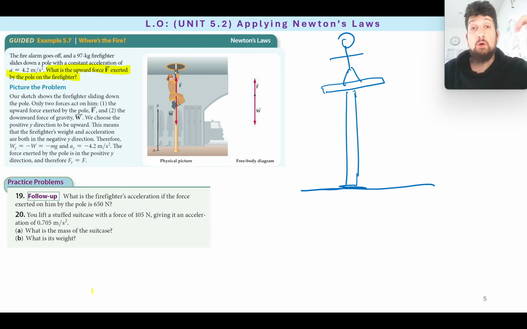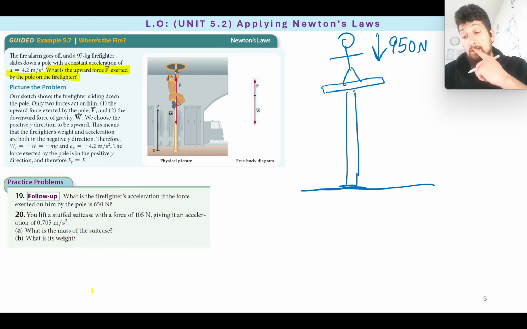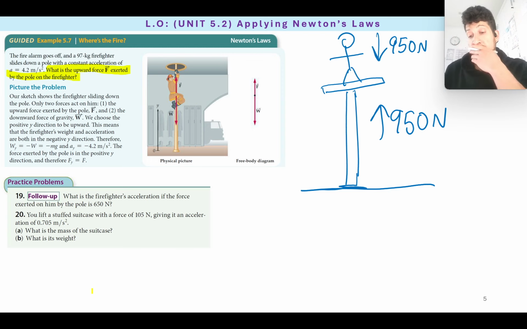The pole is taking the whole weight. The weight of the firefighter is 97 kilograms multiplied by 9.81, which is 950 newtons down. Well, guess what? The pole is carrying the whole weight. It's pushing up with the same force, so it's 950 newtons up. That's not the situation here, though.